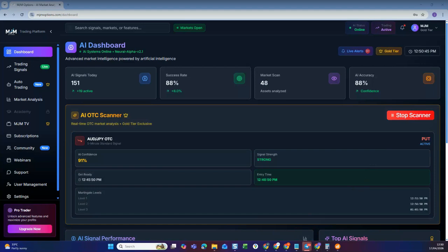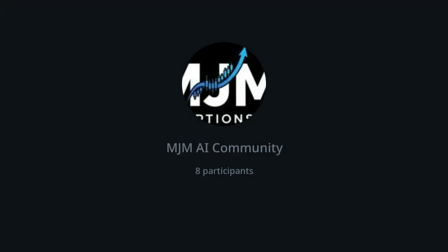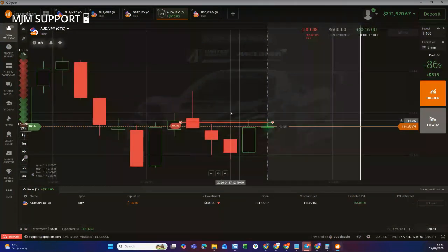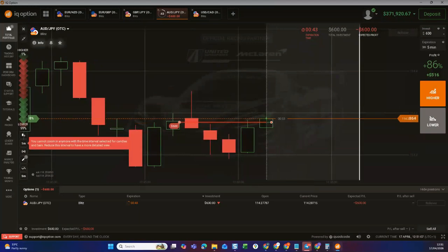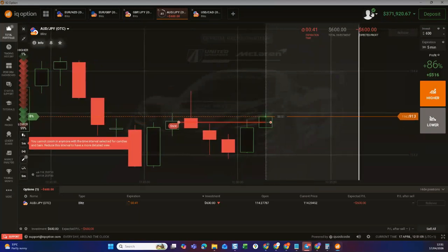Now the second step is for you to go and register on IQ Options. You make sure you use our link to register on IQ Options. After you're registered on IQ Options with our link, you then go to your profile.